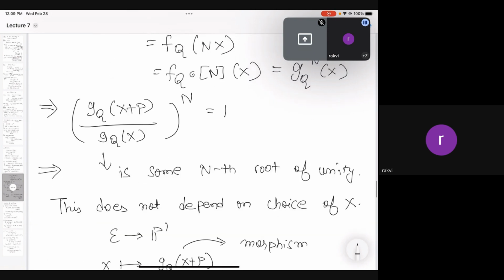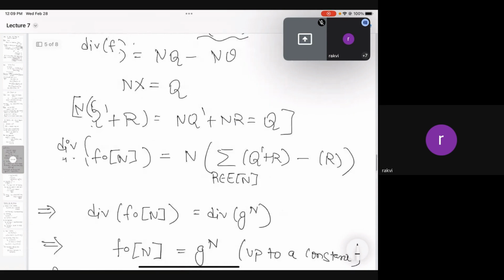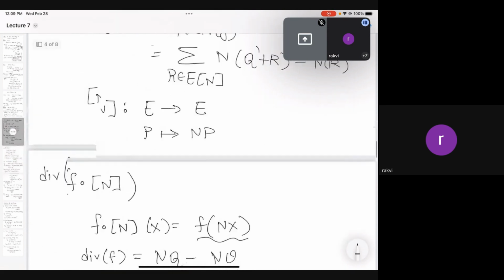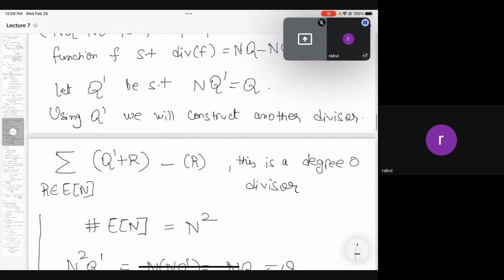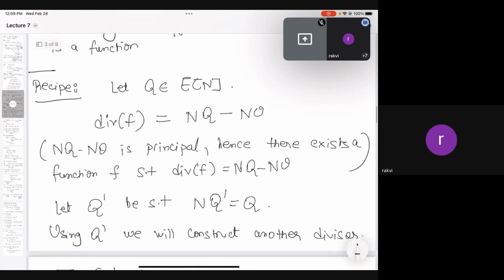And how did we construct this function? Just to give a nutshell, we choose a point Q in E_n. From the observation about elliptic curves, we know that if we take a divisor like this, n times Q minus n times the identity, since Q is n-torsion, it has to be principal. So there is a function whose divisor looks like this.